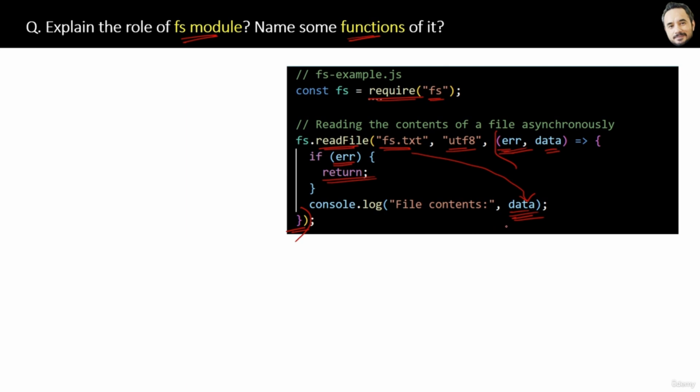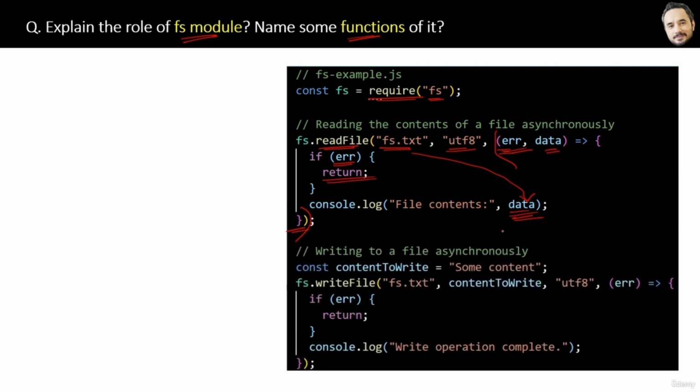Now, similar to this, we have another important function of the FS module called the write file function. Here the first parameter is the blank or empty file name, where we will write the content, okay?